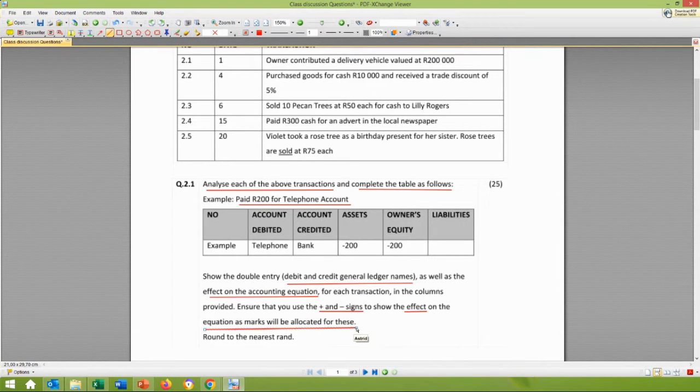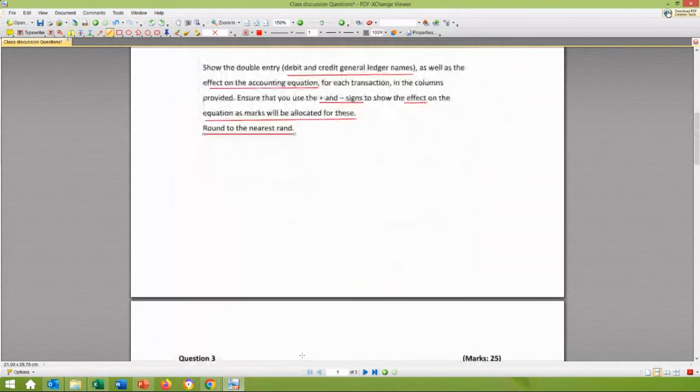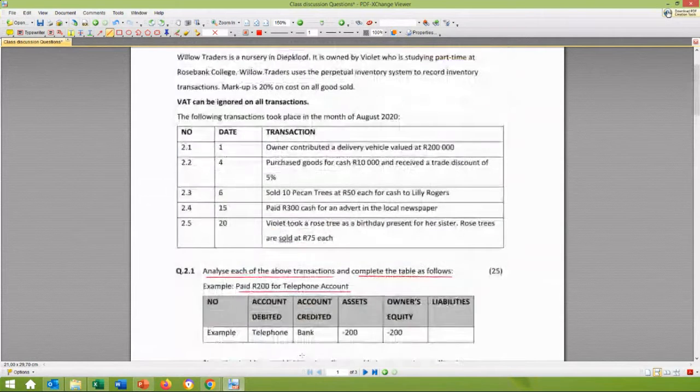Why do you have to show the positive and negative? If you omitted them, we do not necessarily know if you understand whether it increased or decreased a specific account. That is why they specifically ask for it. And then they say round to the nearest rand. So amounts where there are decimals, we're going to round up to the closest rand. That was the only requirement.